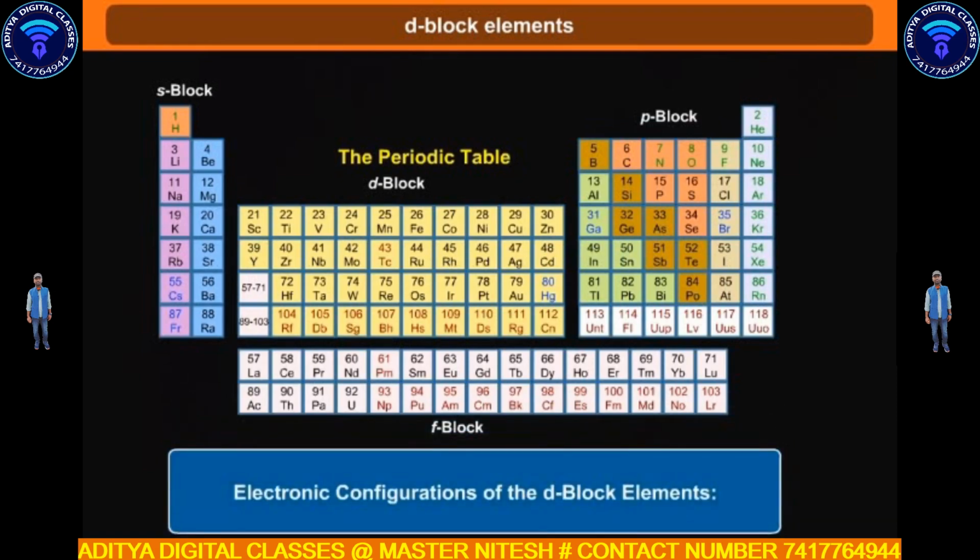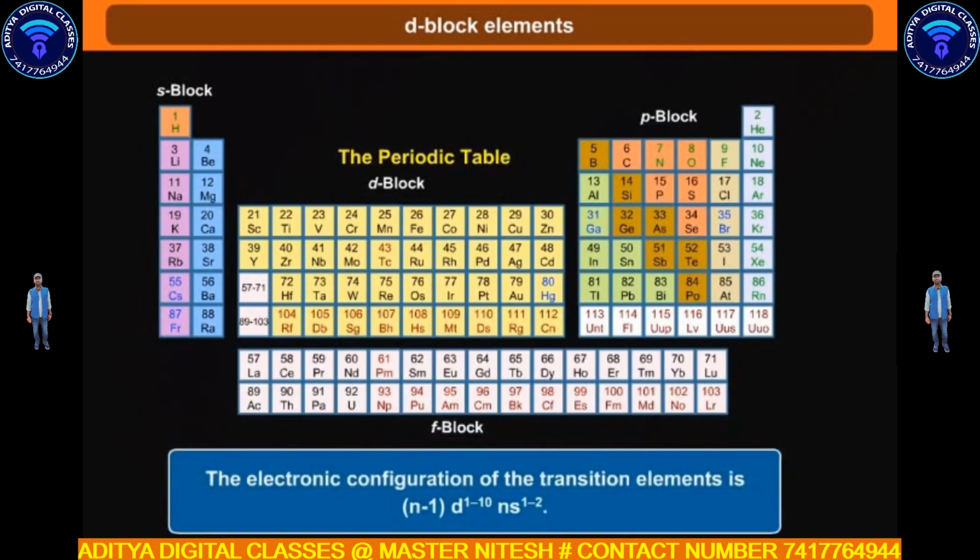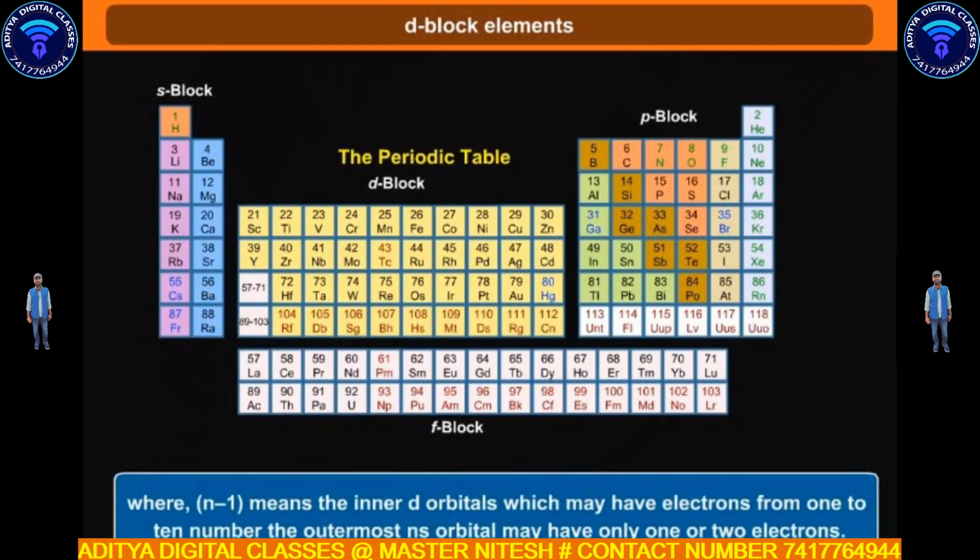Electronic configurations of the D block elements. The electronic configuration of the transition elements is (n-1)d1 to 10 ns1 to 2, where (n-1)d means the inner d orbitals which may have electrons, from 1 to 10 in number, and the outermost ns orbital may have only 1 or 2 electrons.